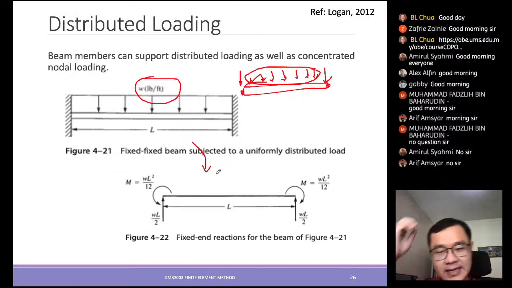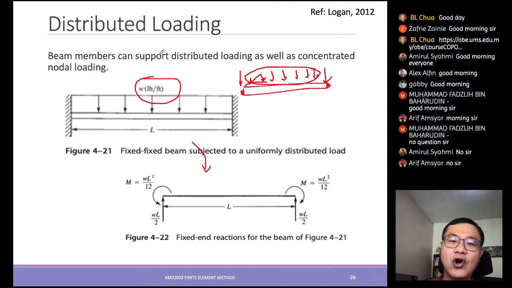So what we can see here is that the weight multiplied by the length gives us the total load acting on the whole element. Because this is force divided by length, if we multiply by the length, then we know the total force acting on the bar itself.